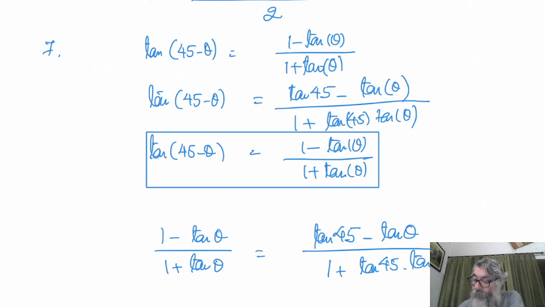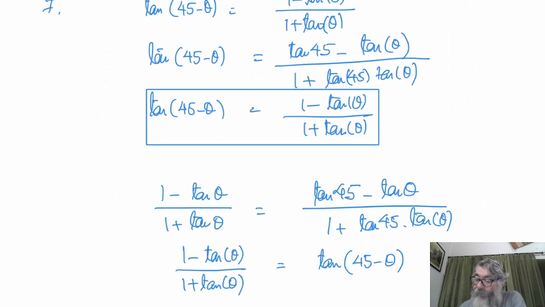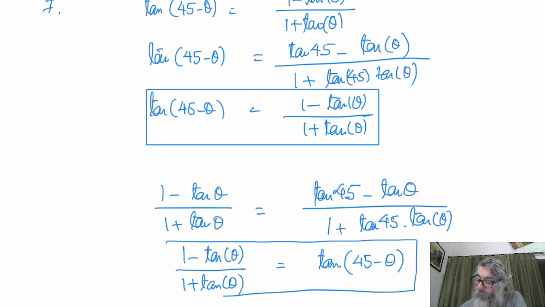Tan A minus tan B upon 1 plus tan A tan B. So I can write this as tan 45 minus theta. If it is minus on top in the numerator, then tan 45 minus theta. If I reverse it, it will become tan 45 plus theta. It is very important for you to remember this, because direct application of this will be there.